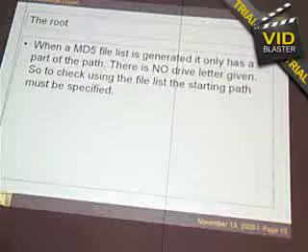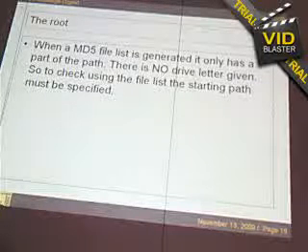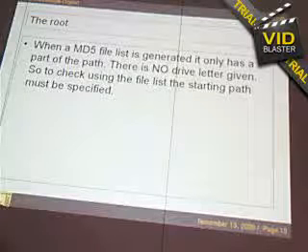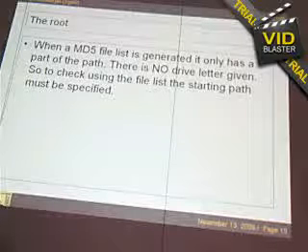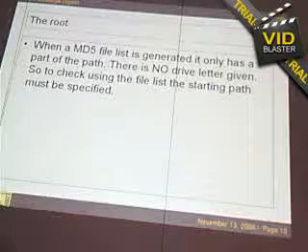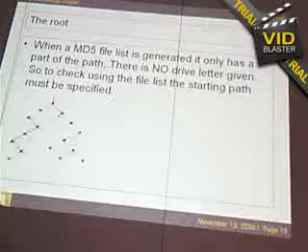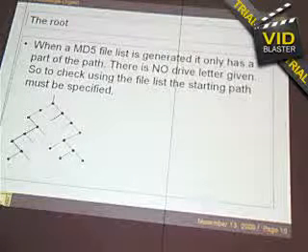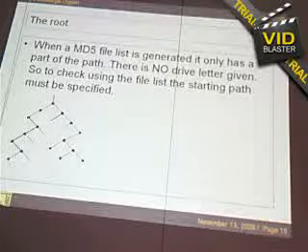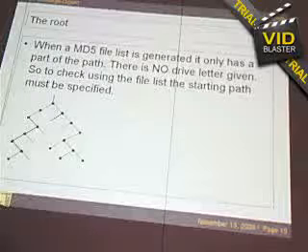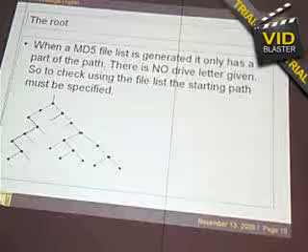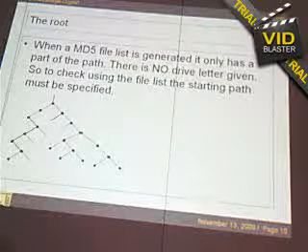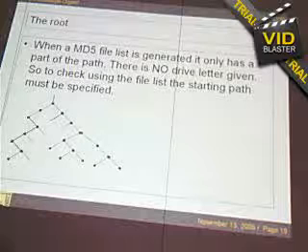Okay, we want to talk a little bit about the root. When a list is generated, it is only given a part of the path. There's no drive letter, and we don't really know where it is. So we always need to indicate a starting path when we're doing a check. If we look at a typical file structure with directories, we have a root system, and there's always a part somewhere that we want to do the check on.